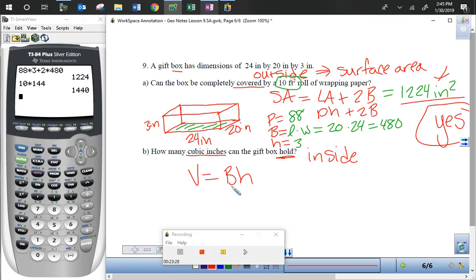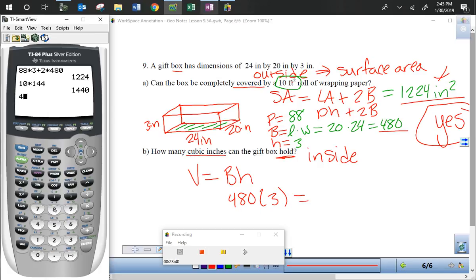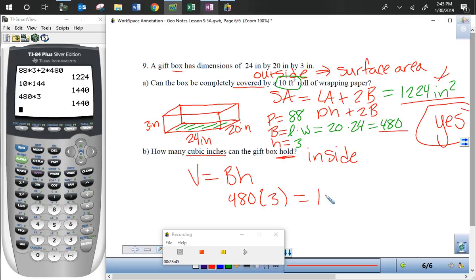We've got B from above, which was our 480. Our H from above was 3. So our volume is just 480 times 3, which is 1,440 cubic inches, or inches cubed. And that's it.